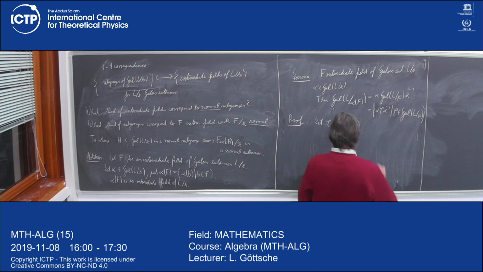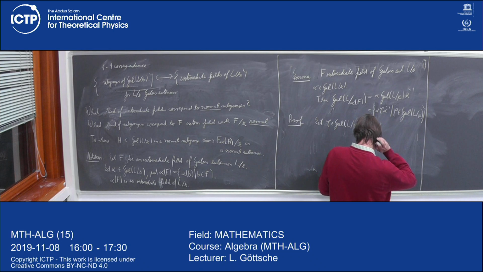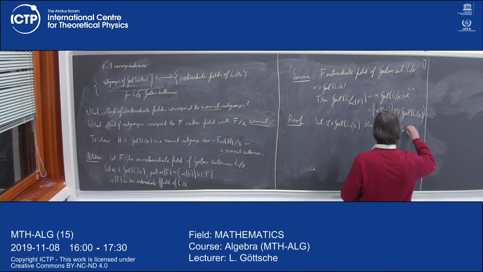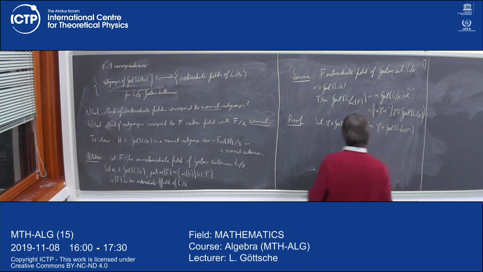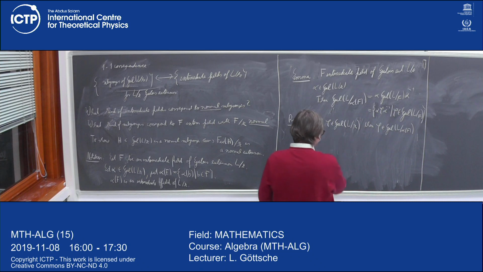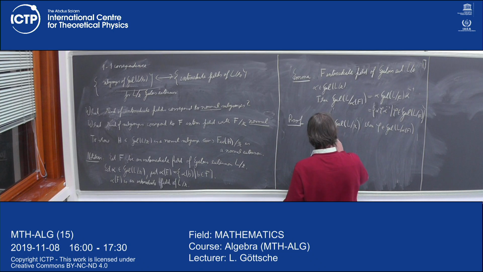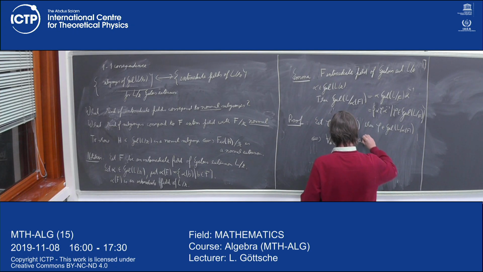So then phi is in the Galois group of L over alpha of F if and only if, by definition, for all elements A in F, we have that phi of alpha of A is equal to alpha of A. No?